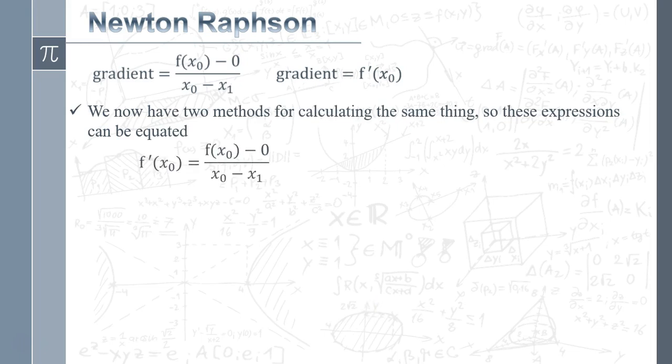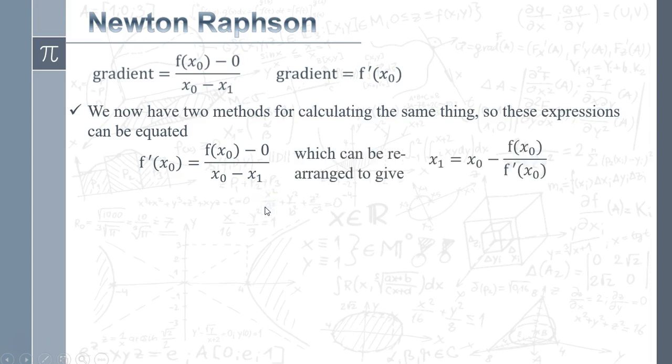We've got f'(x0) equals (f(x0) minus 0) over (x0 minus x1). We're looking to calculate x1 using our initial value, x0. You'll notice the expression x1 is sitting there, and all the other bits are in terms of x0. So if we just rearrange this and make it say x1 equals, you end up with that.